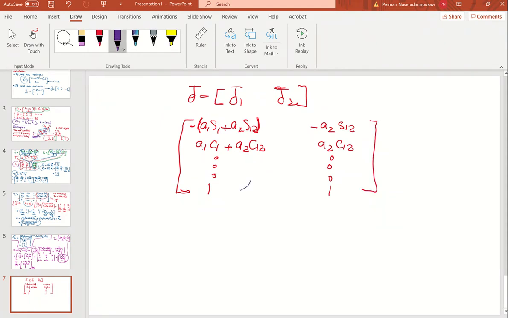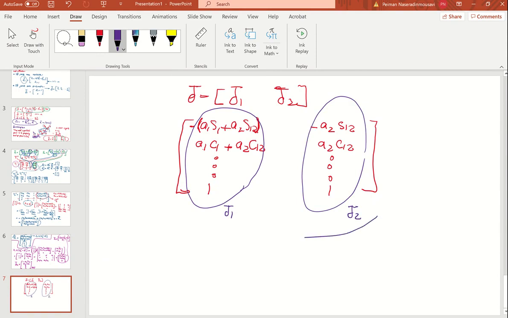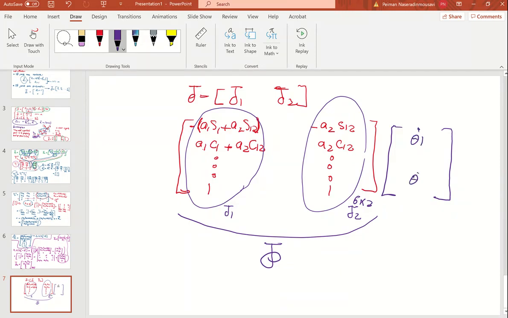Obviously, this column is J1 and this column is J2. Totally, it is the Jacobian matrix of this planar 2 degree of freedom robot, which is 6 by 2, multiplied by theta dot 1, theta dot 2, which is 2 by 1.